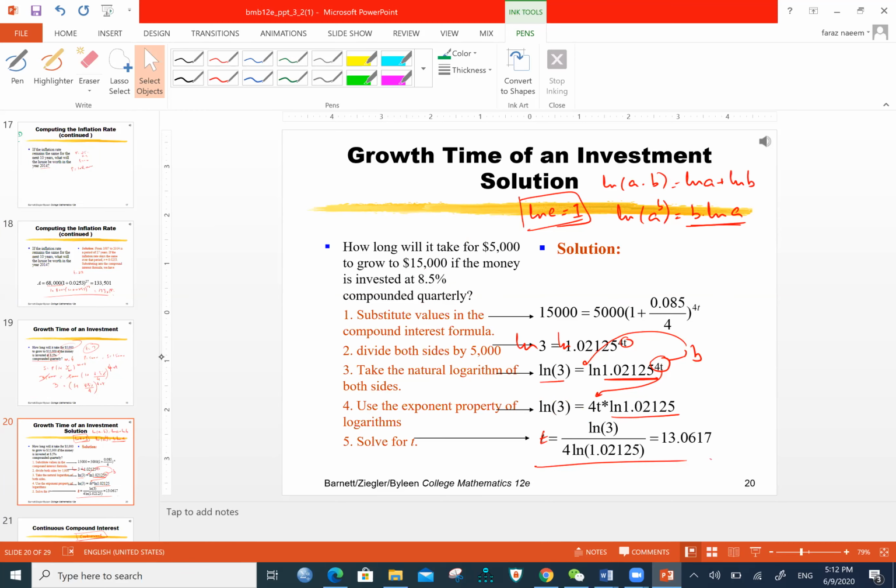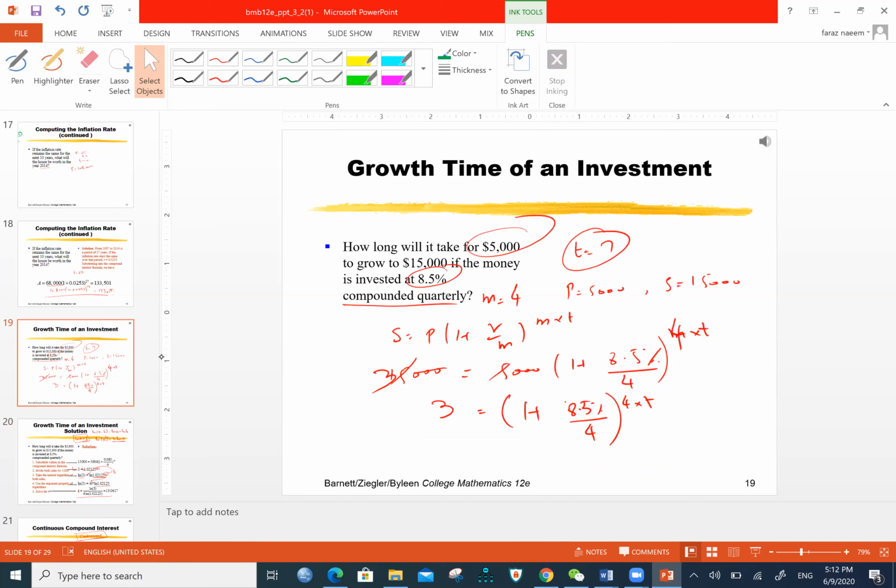Here we have this example. Look at here. How long will it take? First of all, as I said, it is very important in these problems that you analyze what you are given and what you need to calculate. Like here, how long will it take? It means we need to find t.